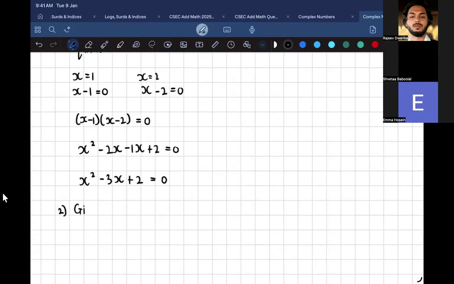Given, right there. This is the D portion. All right.